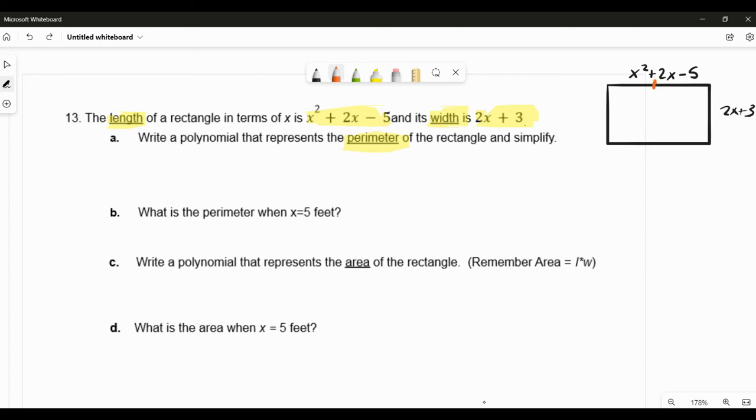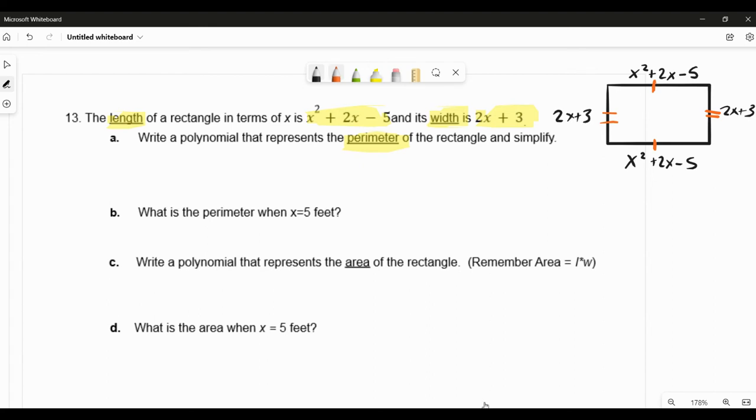For something to be a rectangle, it has to have two pairs of congruent sides. So if that top side over there is x squared plus 2x minus 5, guess what? This one is also x squared plus 2x minus 5. And if this width over here is 2x plus 3, same thing over here, this has got to be 2x plus 3.